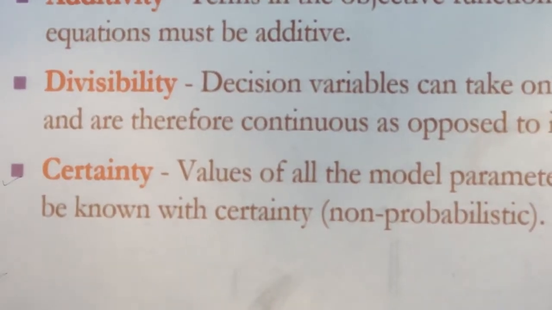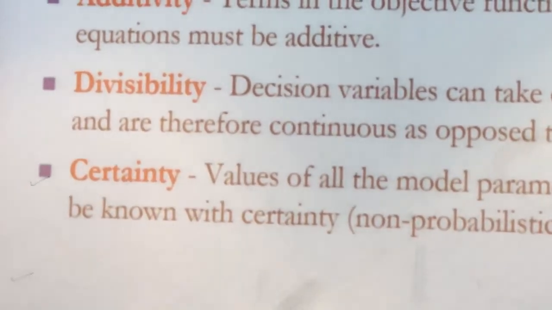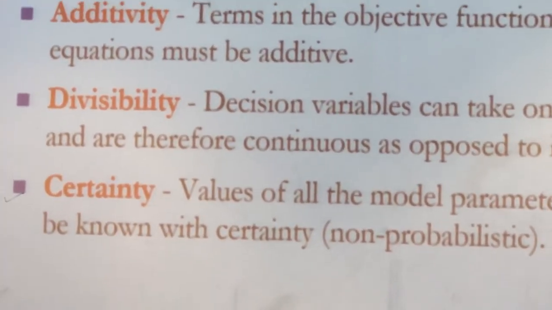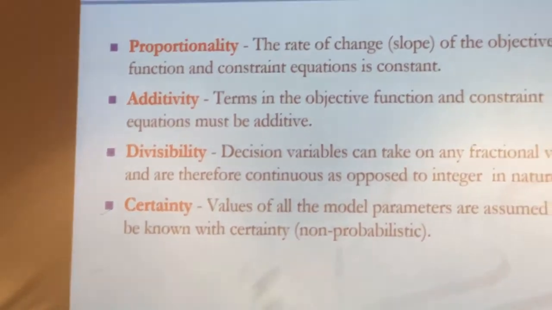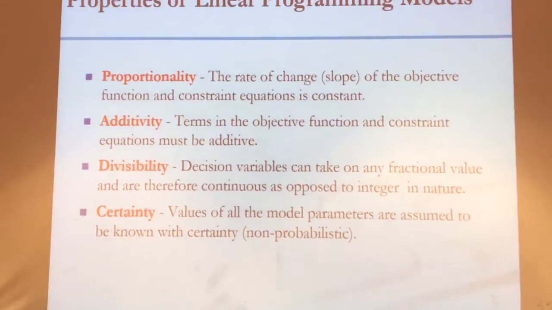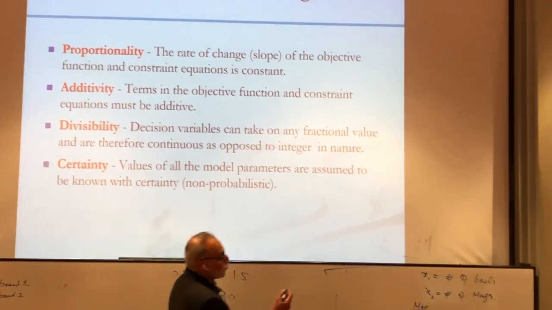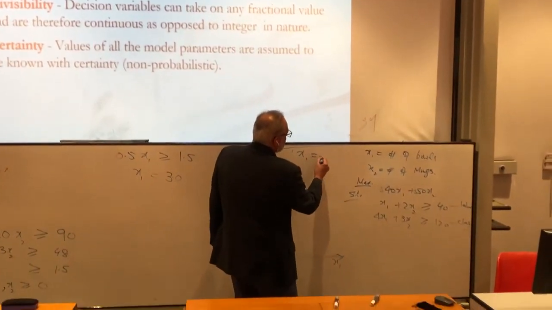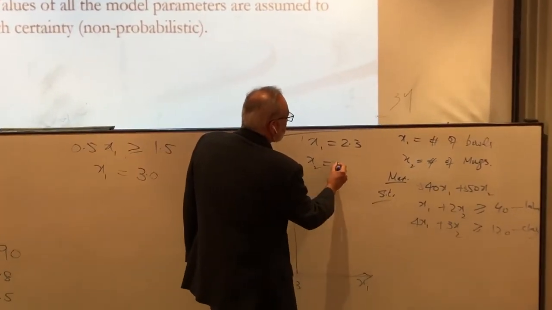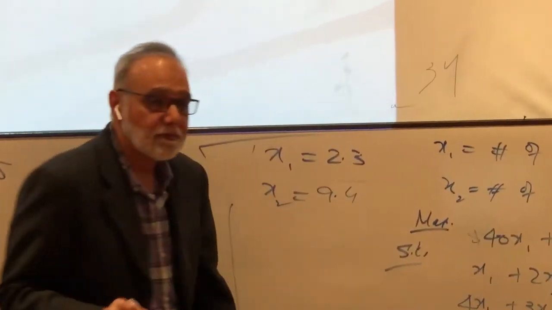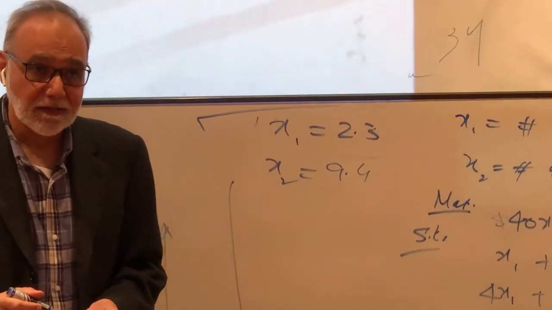Divisibility. This property means that we accept the solution in linear programming in decimal numbers. So if our solution says that x1 is equal to 2.3 bowls and x2 is equal to 9.4 mugs, if this is our optimal solution, we will accept that.